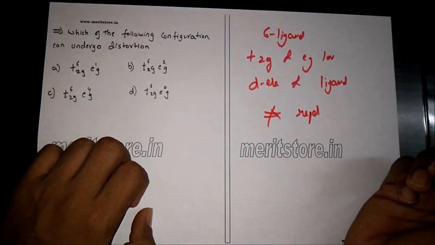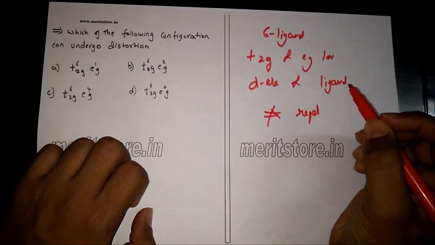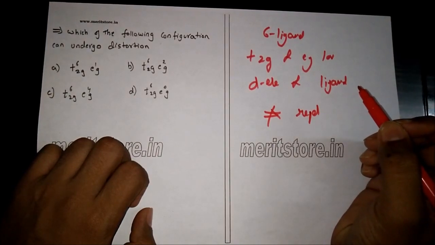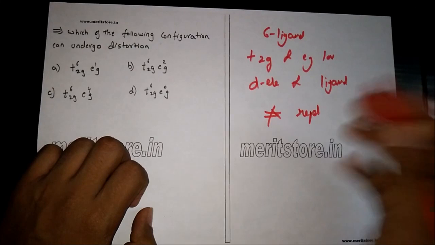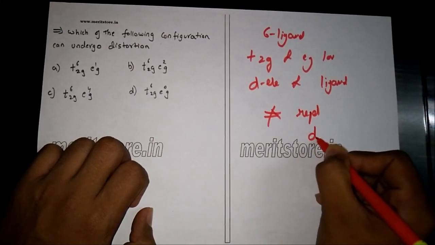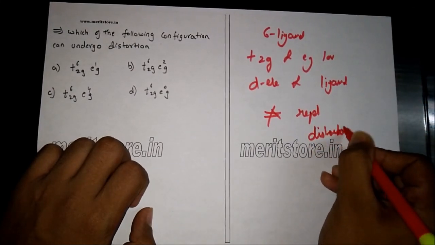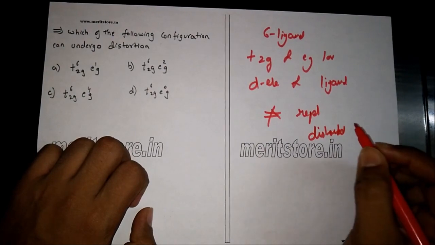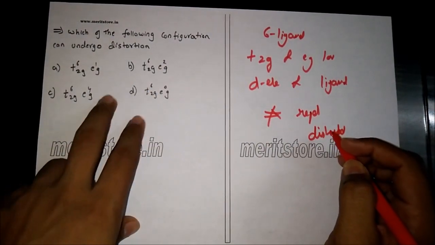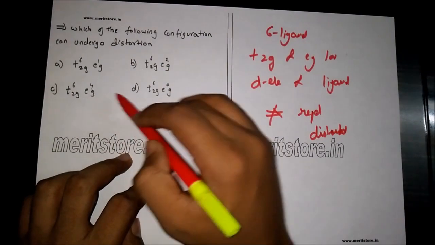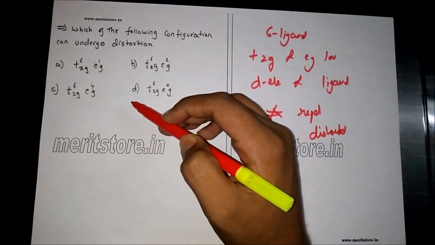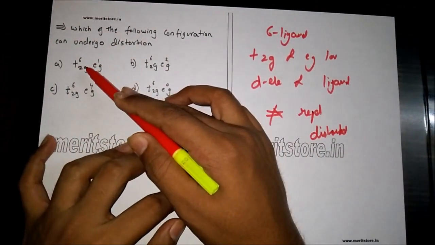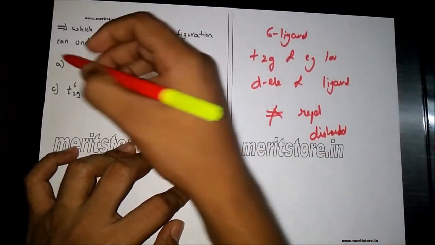Thus, the structure will be regular octahedral. If the d electrons are asymmetrically arranged, they will repel some ligands in the complex more than others. Thus, the structure is distorted. Now, out of all the answers, options B, C, and D are symmetrically arranged, but option A is asymmetrically arranged. Therefore, the correct answer is option A.